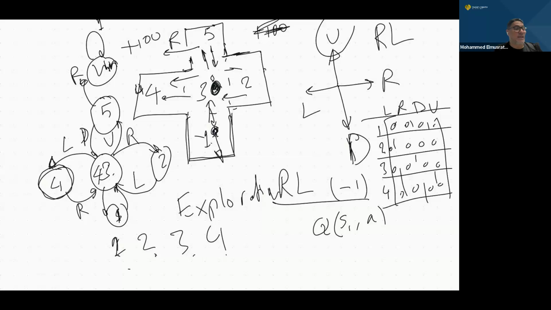With the -1, this Q matrix needs to adapt this minus inside our Q learning algorithm, as we will see in terms of equations. It means this action is not good.